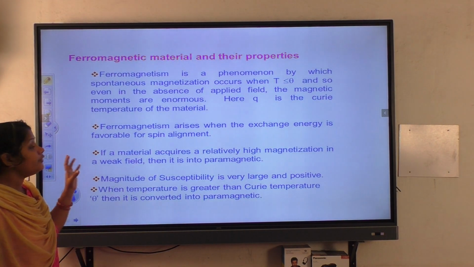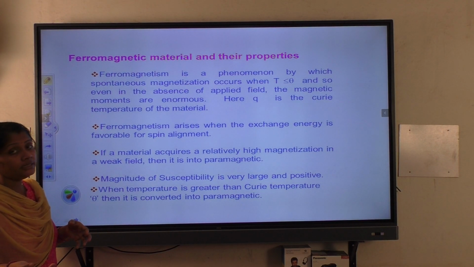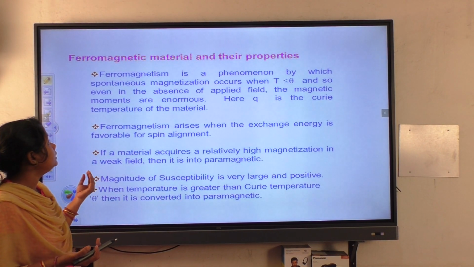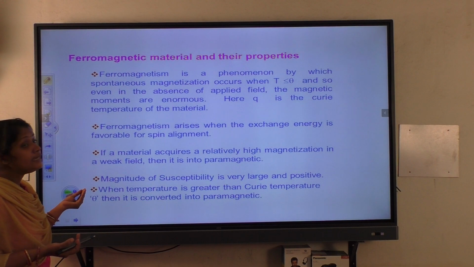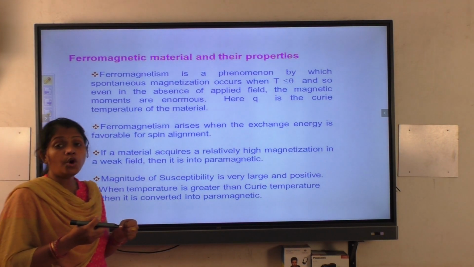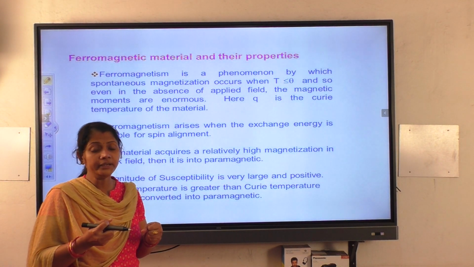Next is ferromagnetic material. Ferromagnetic material is further divided into ferrimagnetic and ferromagnetic. But we will now focus on ferromagnetic material and its properties. In ferromagnetic materials, there is a strong force of attraction between the magnetic field and the magnetic moment.